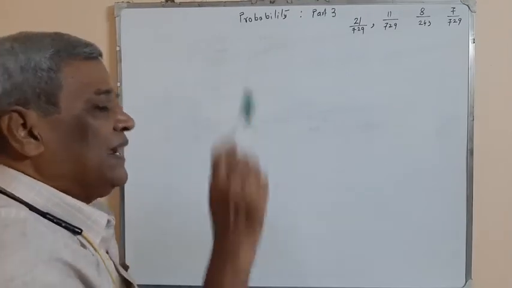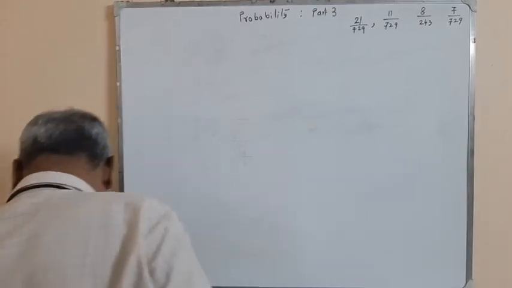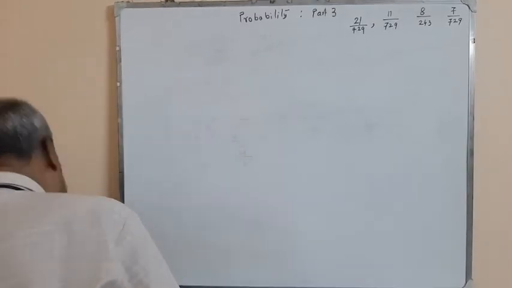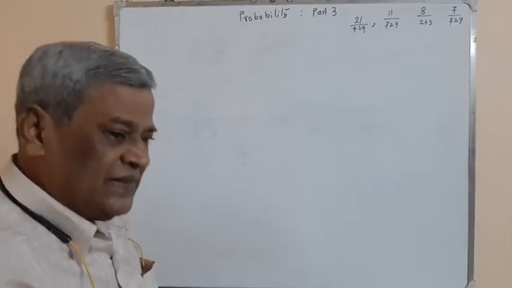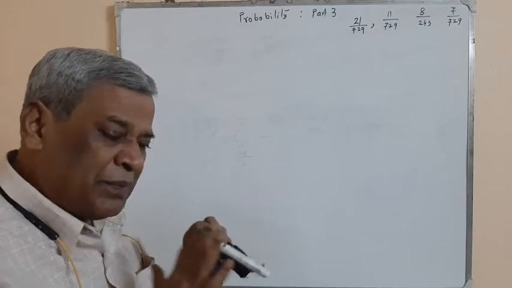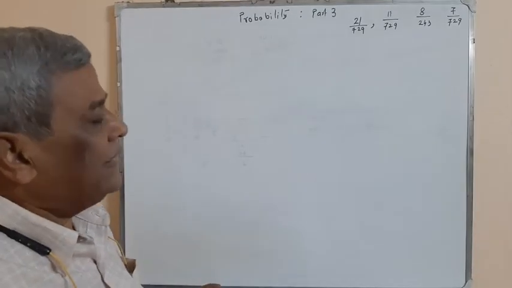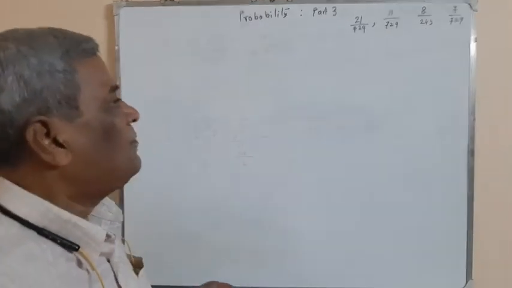Actually, 2 dice are taken and thrown together. Then our success is, if the sum of the score is 9, then this is our success, and otherwise it is failure.